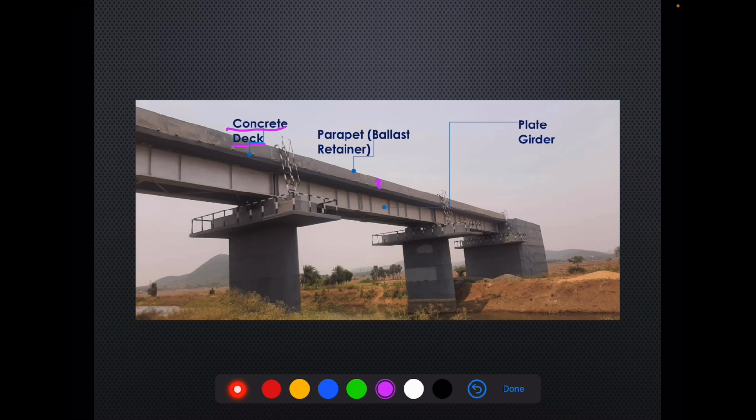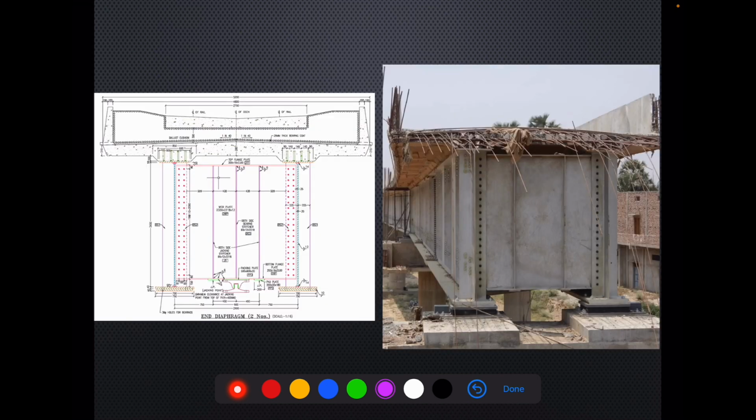So, the typical cross section of the composite girder looks like this. Here we have I sections. These are the I section plate girders. Like plate girders, there is a pair of steel girders. At the end, these are tied with the help of an end diaphragm.